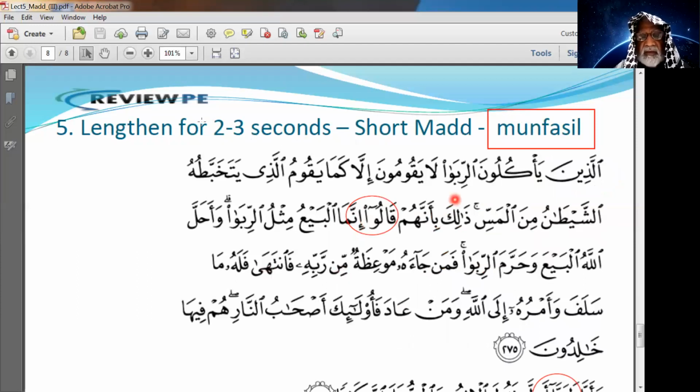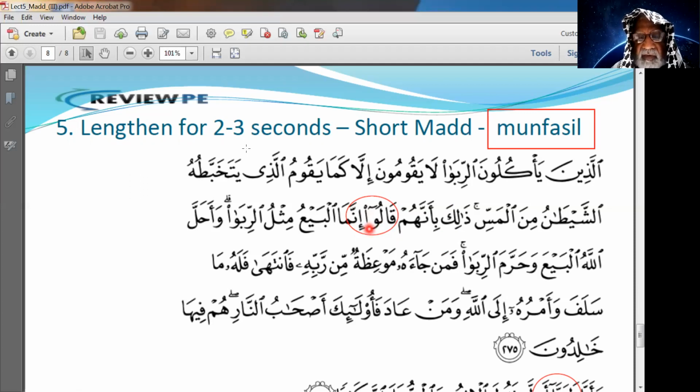Continuing with these examples, we have the oo sound again, oo, then hamza here. So between oo and hamza we have mad, and the mad is placed on top of the wow. Again, note that there is an alif and then an empty circle on top of the alif.